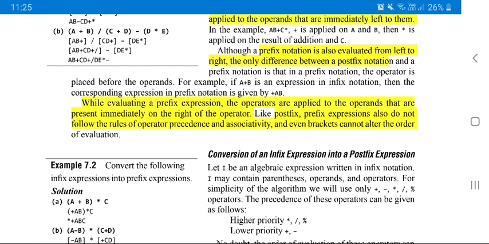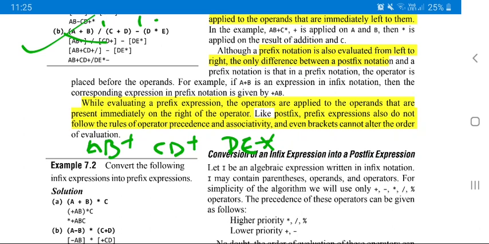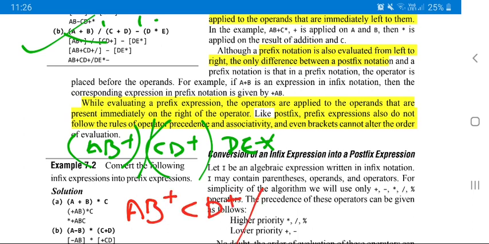And this is another example. In this case, A plus B means AB plus. The next brace, C plus D, is CD plus. The next brace is D into E, so DE star. Then division and minus. Division has higher priority, so first do this division. How to write it? AB plus CD plus divide.